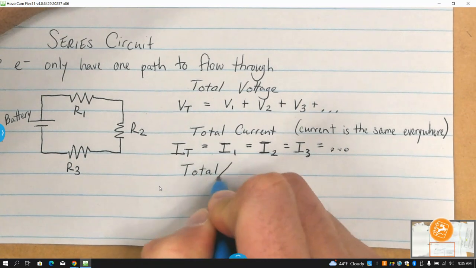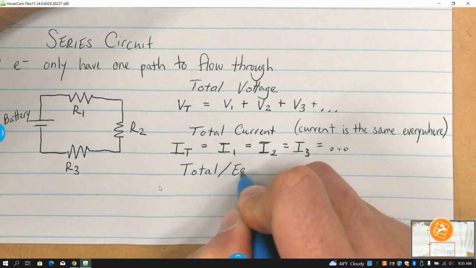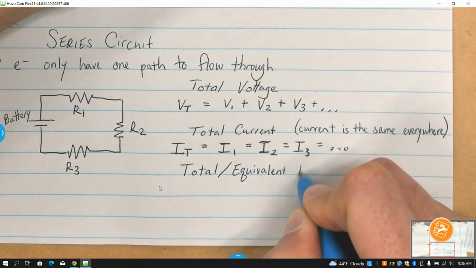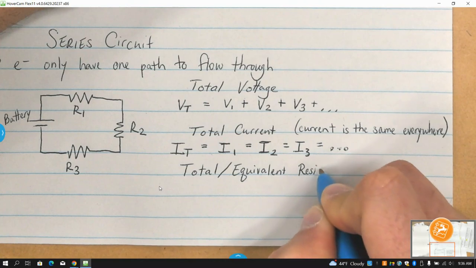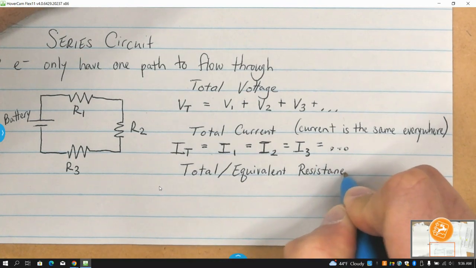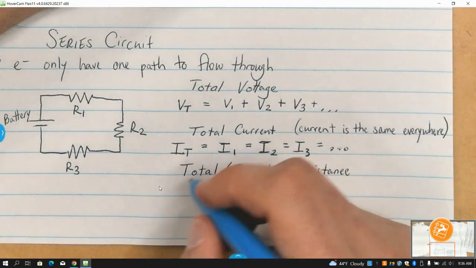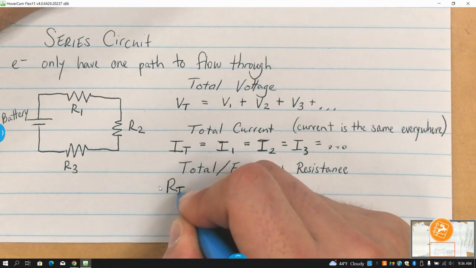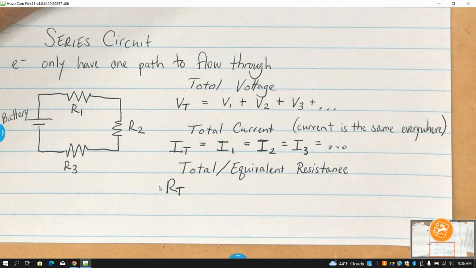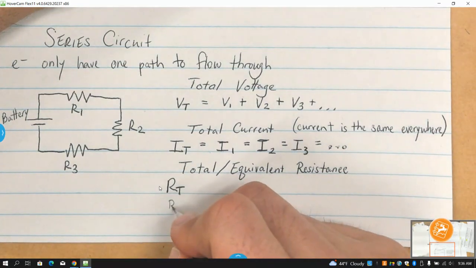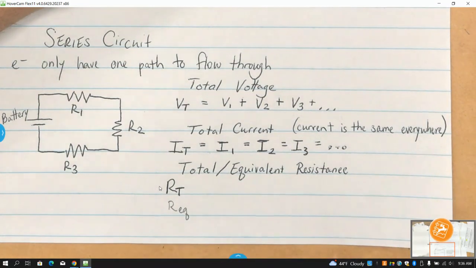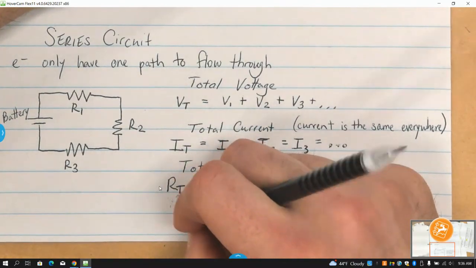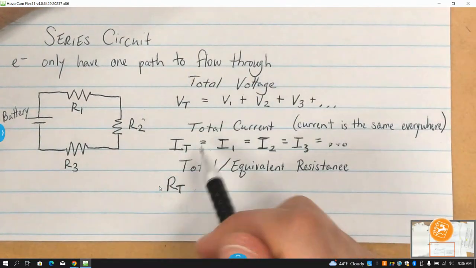Total or equivalent resistance will be your RT. That's how I'm going to write it. Some places may use REQ, but I don't really like that. I like to keep everything nice and simple: T, T, and T.